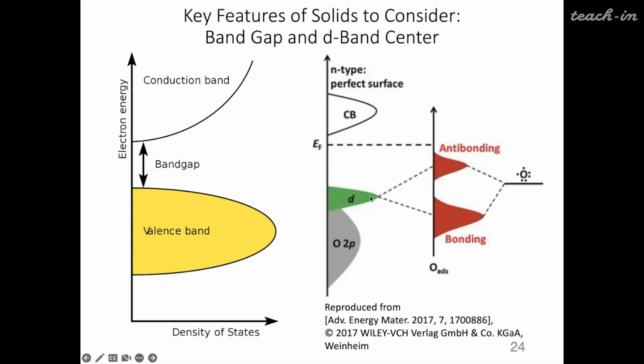So this d-band center allows us to estimate, or roughly estimate, how strong the interaction will be with either bonding or antibonding orbitals of an adsorbed atom or molecule. And this d-band center descriptor is often used in studies of materials or catalysts.